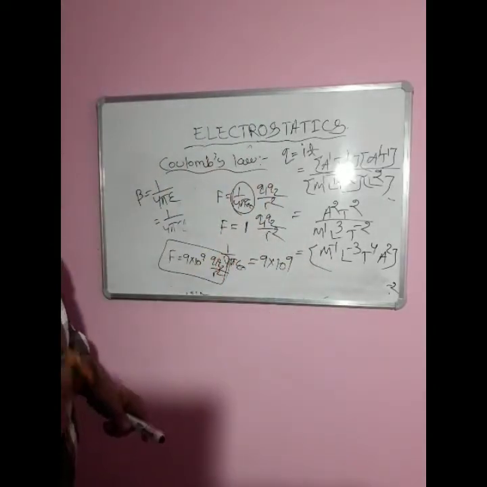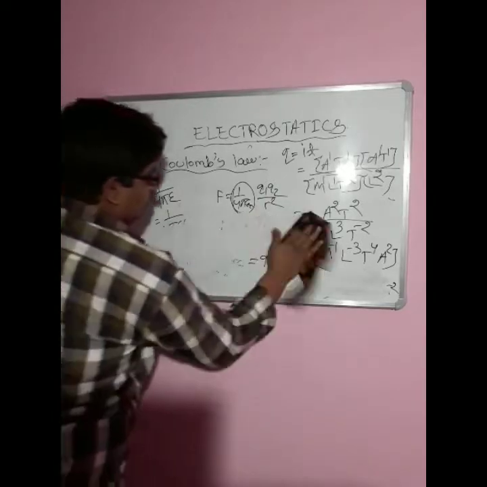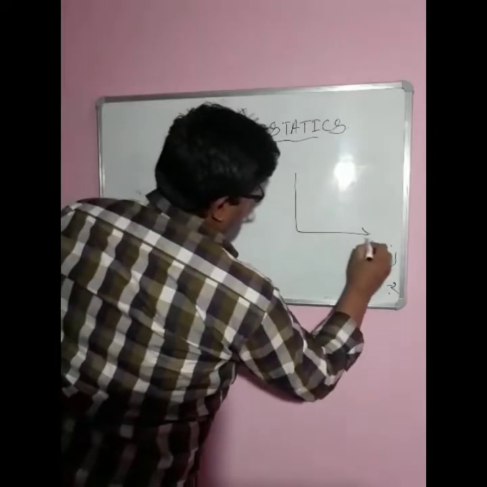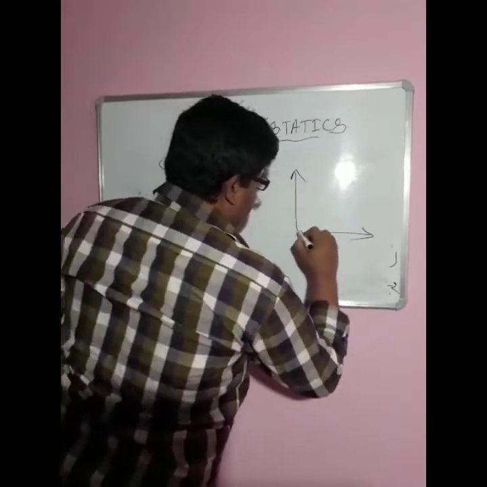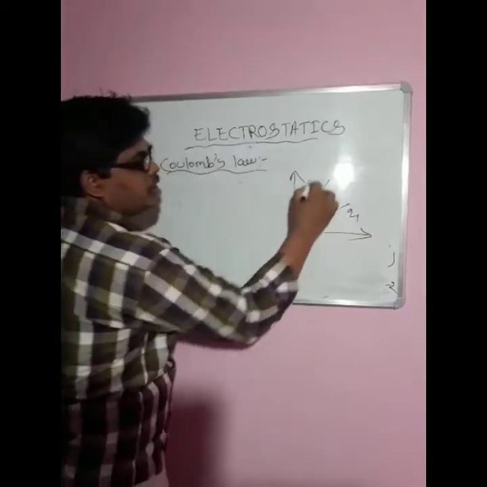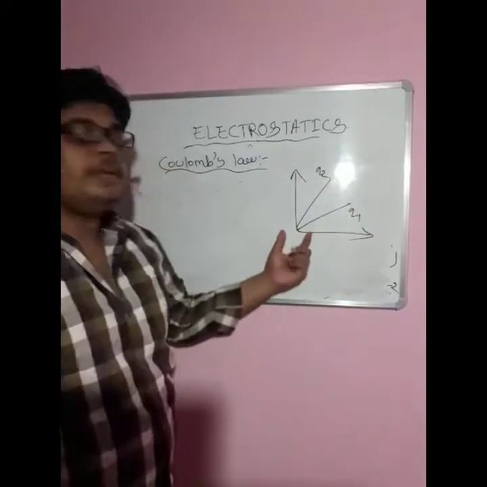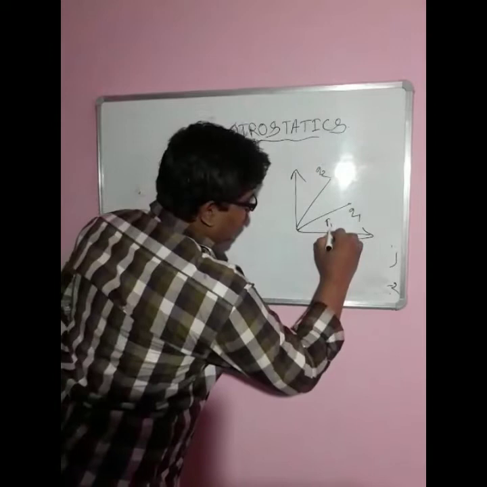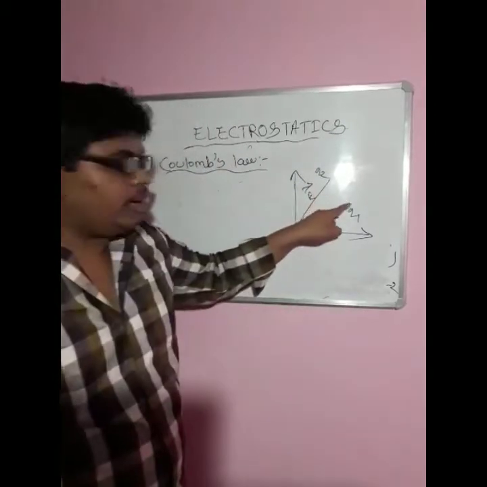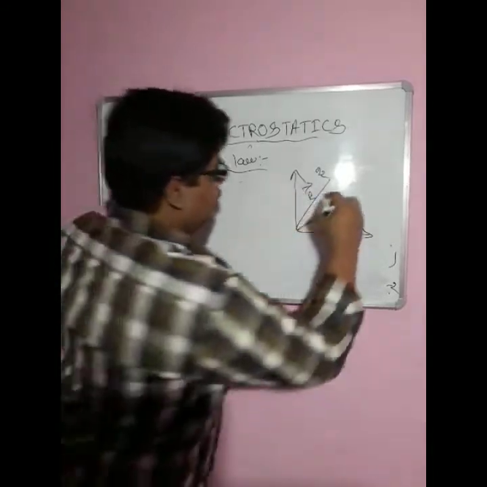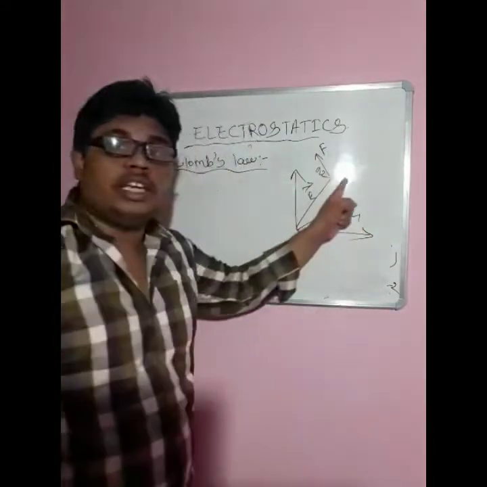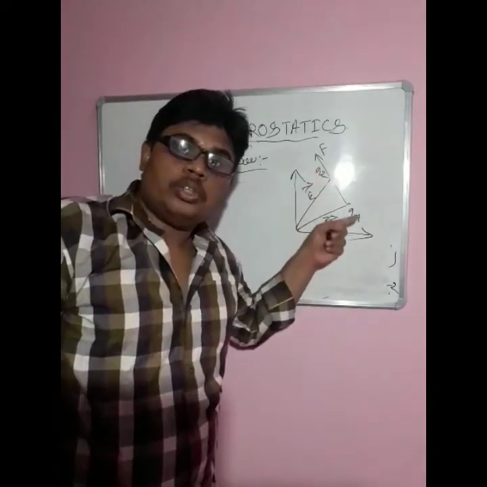Now we discuss Coulomb's force in vector form. If Q1 is placed here and Q2 is placed here, the position vectors are R1 vector and R2 vector. Due to Q1, it exerts some force on the second body, means F21, the force on the second body due to the first body.